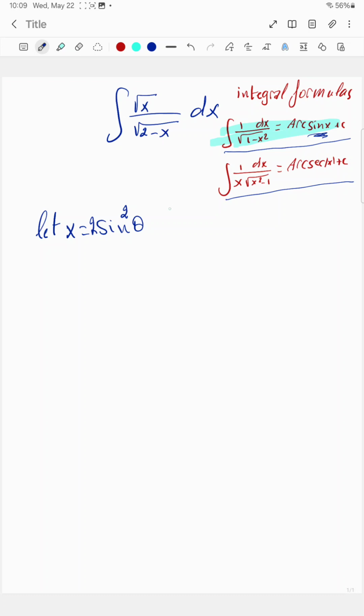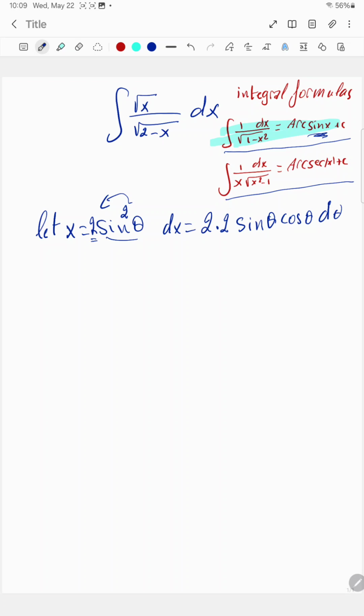So if x is equal to 2 sine squared of theta, my dx is equal to, the 2 remains 2, times 2 sine theta multiplied by the derivative of sine theta, cosine theta d theta. Okay?